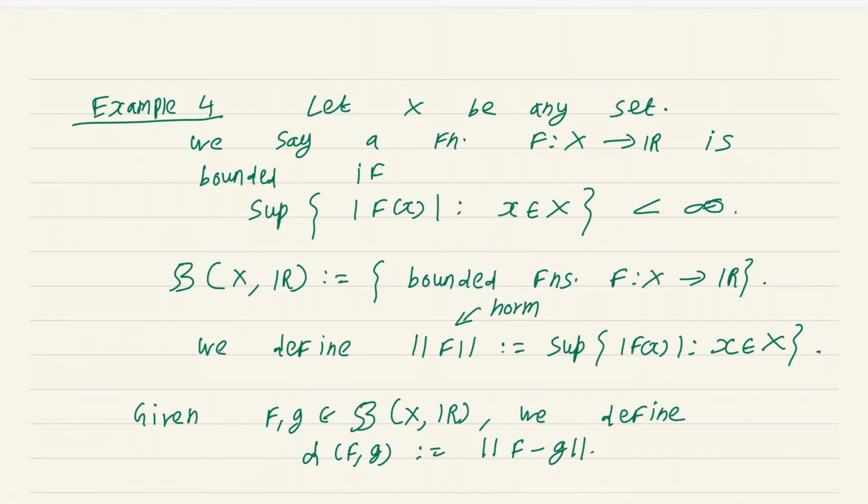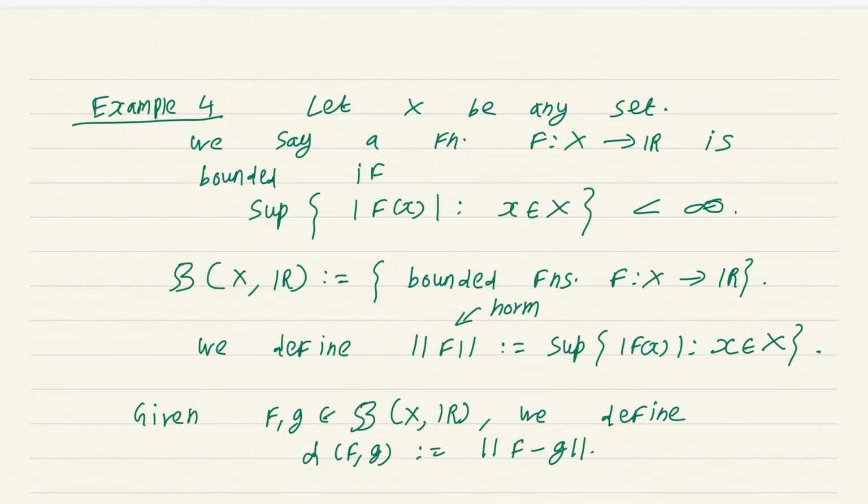Now check that this example satisfies all the properties needed to make this into a metric space. It's rather easy to check. The only non-trivial thing is the triangle inequality, which itself is not actually difficult. It's quite straightforward. So we will spend a considerable amount of time analyzing this particular metric space.